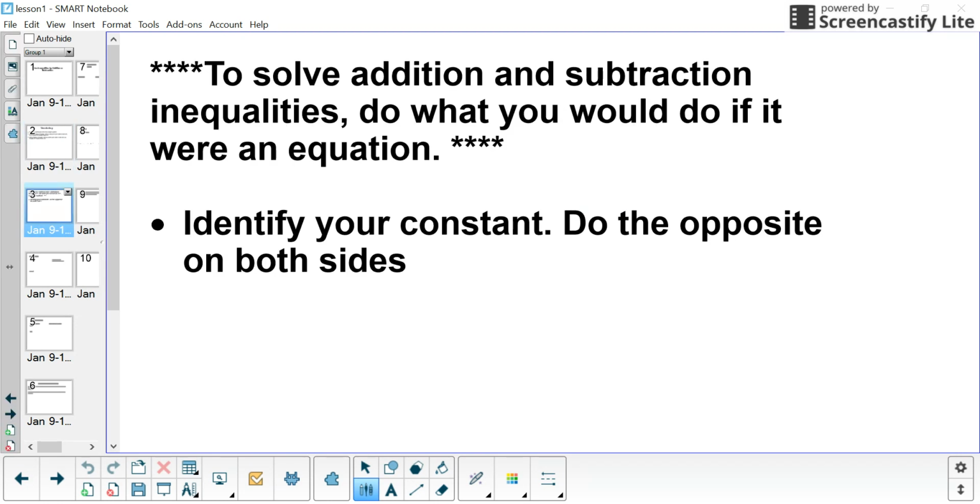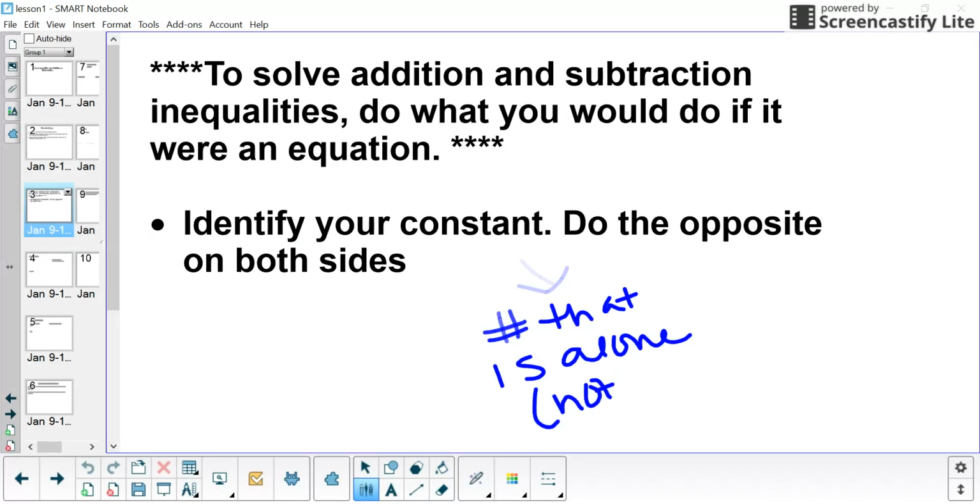To solve addition and subtraction inequalities, do what you would do if it were an equation. First, if you remember, you want to identify your constant. A constant is a number that is alone, so not next to a variable.